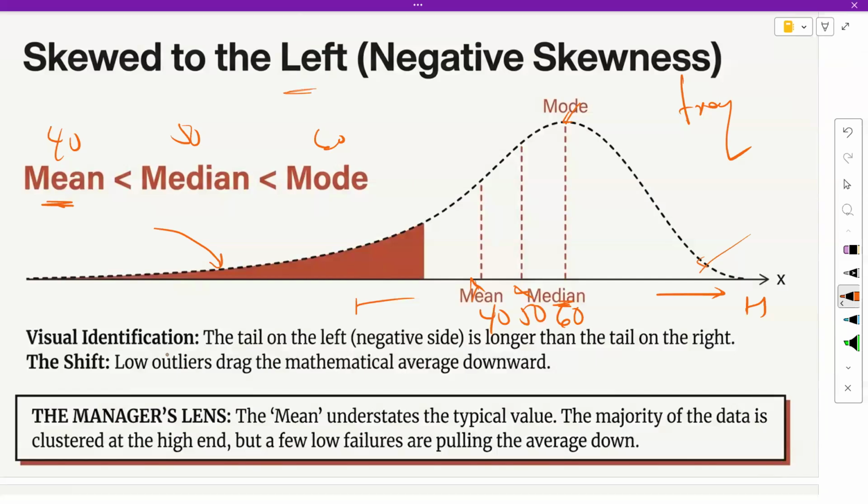Visual identification: how we can see this kind of data in visuals. The tail on the left, the negative side, is longer than the tail on the right. Low outliers drag the mathematical average down.